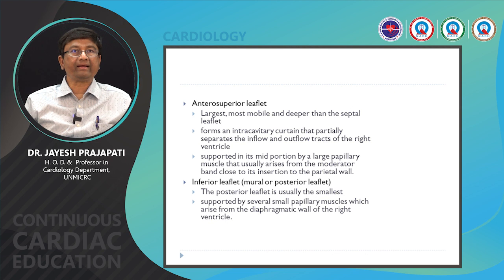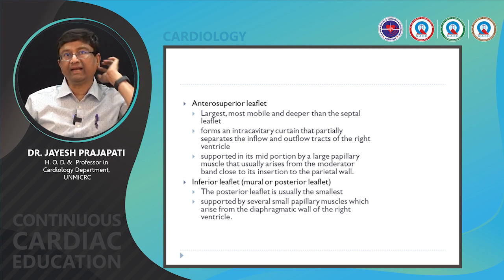It forms the intracavitary curtain that partially separates the inflow and outflow tract, and is supported in its mid portion by a large papillary muscle that usually arises from the moderator band close to its insertion to the parietal wall. And what is the inferior leaflet?